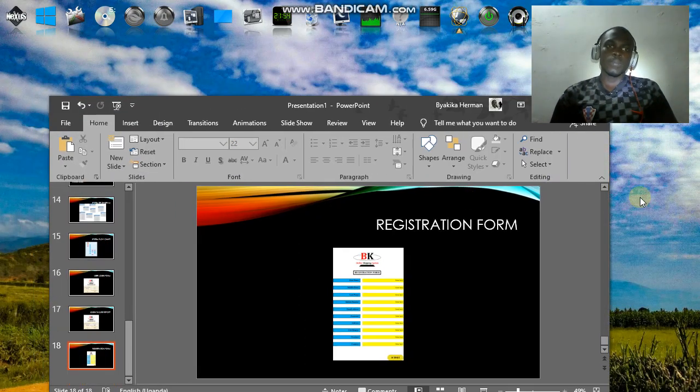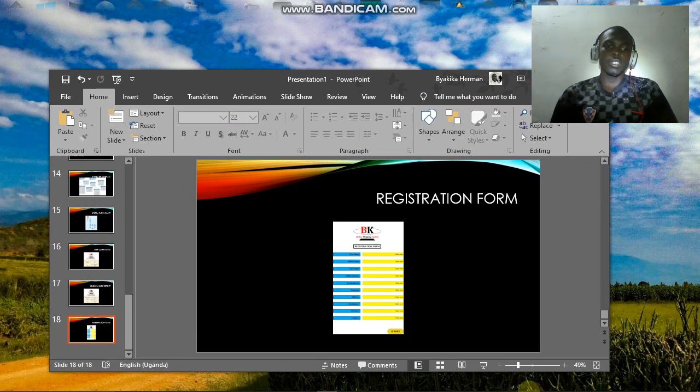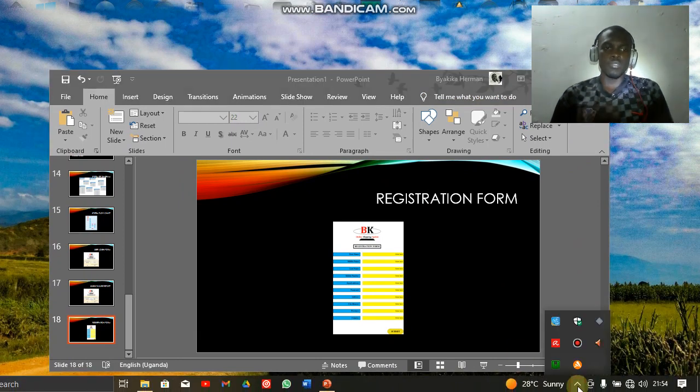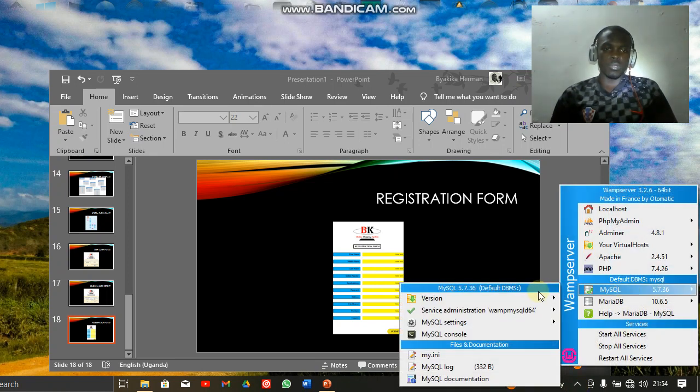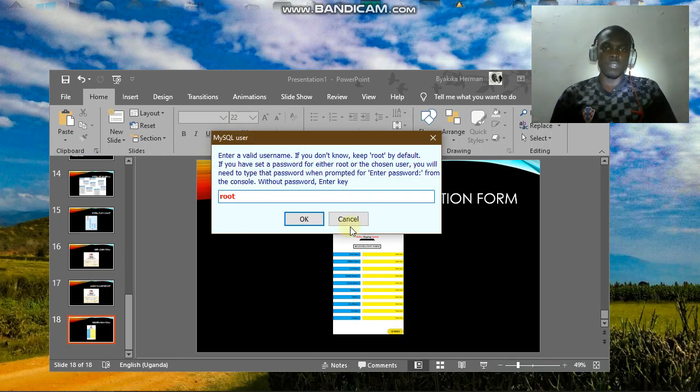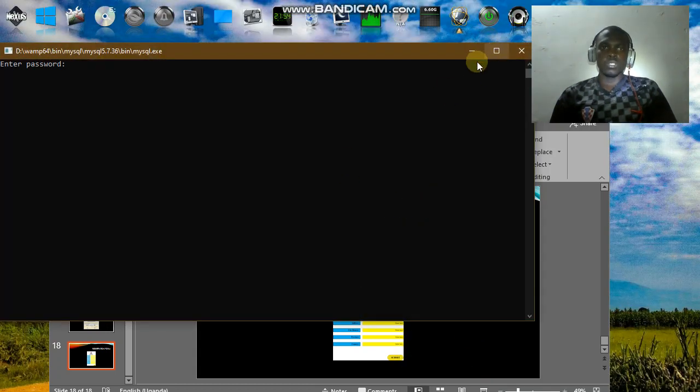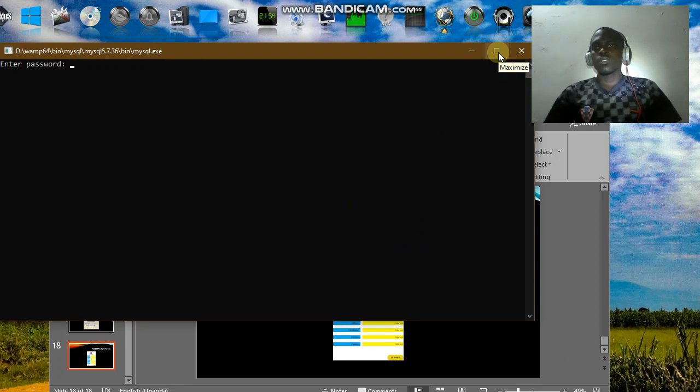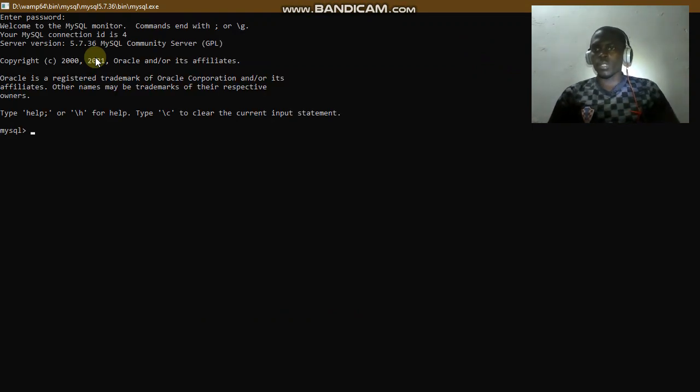Then the next thing, since my system is already created, I want to show you some of the attributes via my SQL console. Let me run it. Okay, so this is my SQL console. I want to show evidence that the system is created. Evidence is seen from here plus the PDF document. I have no password.